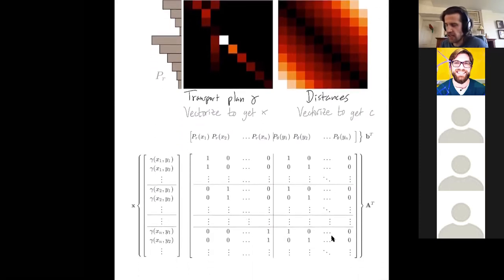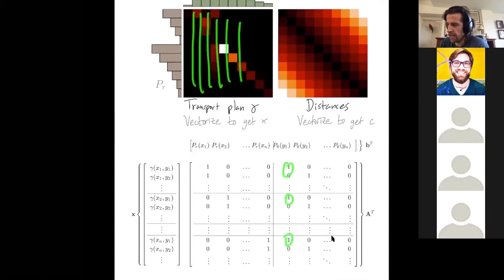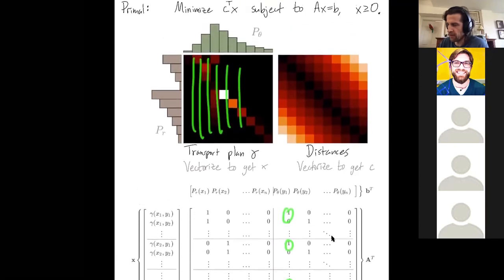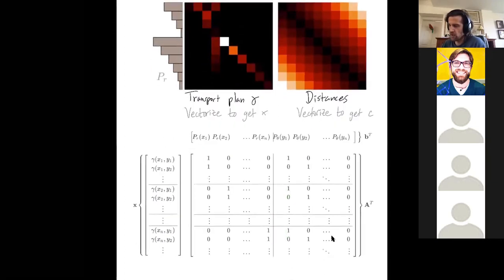Here again was matrix A. When I multiply by vector X, the amounts of mass at each point of the transport plan, I saw that the marginals summing along rows had to give me back the probability measure R, and the marginals summing along columns had to give me back the probability measure theta. Questions?